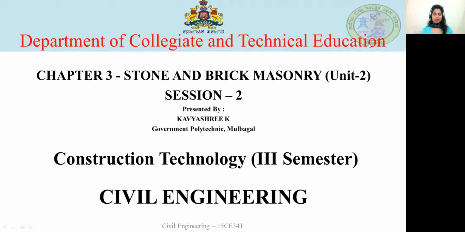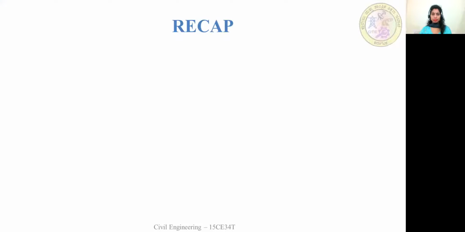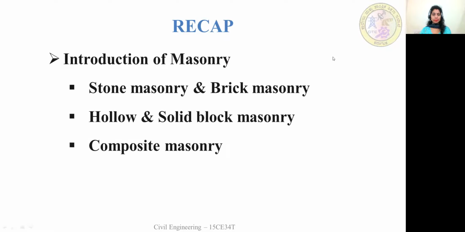In this session, we will be discussing the continuation of the previous session, that is stone and brick masonry, unit 2. Let's have a recap about the previous session. We have seen the introduction of masonry. It is a construction of building units.